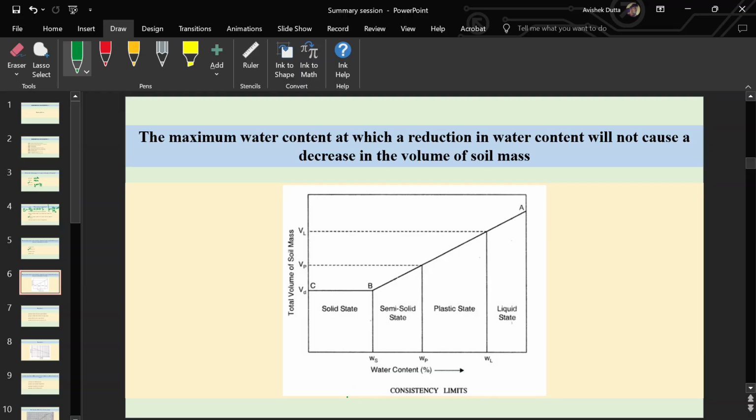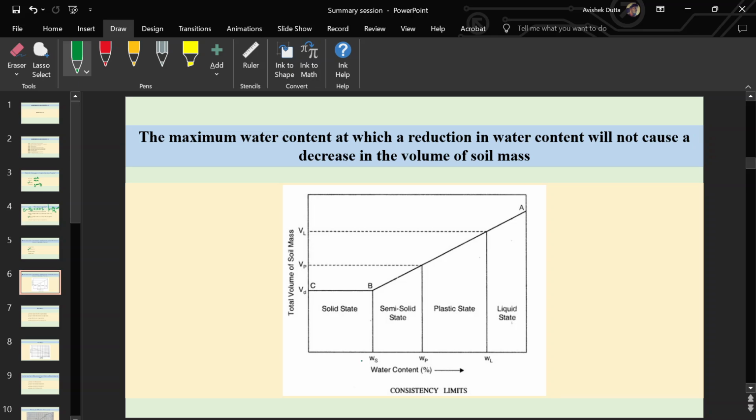So, yes, which one is the shrinkage limit? Can you tell me? There are three boundaries: WL, WP, and WS. Which is the liquid limit? Sorry, shrinkage limit. Anyone can tell this?